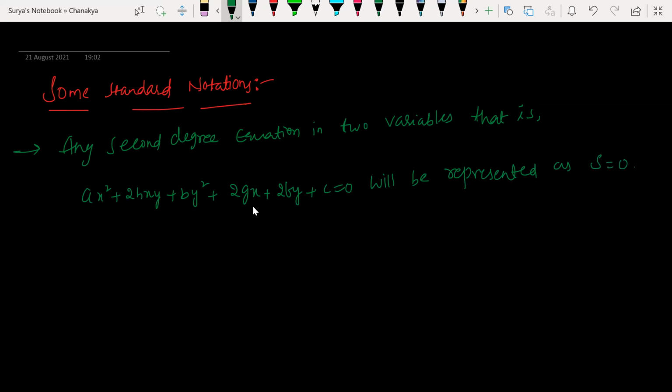How to represent S is equal to 0? Under this, you write: S is equal to x square plus y square plus 2gx plus 2fy plus c.